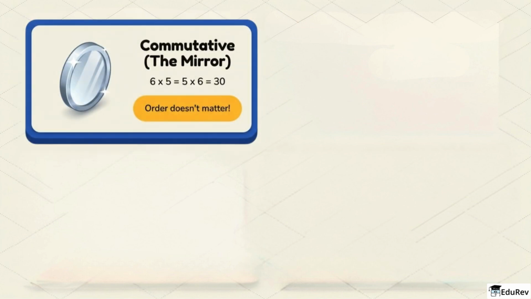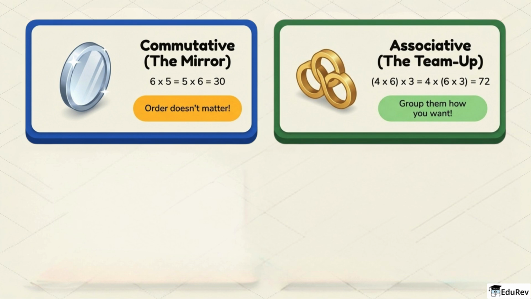Now let's learn some special multiplication rules. First is the commutative rule. That means the order does not matter. 6 times 5 equals 5 times 6 equals 30. Next is the associative rule. That means when 3 numbers are being multiplied, you can group them in different ways. 4 times 6 times 3 equals 4 times 6 times 3 equals 72.